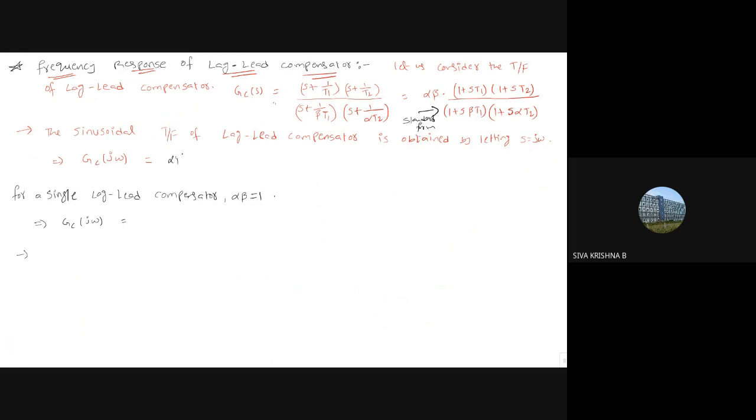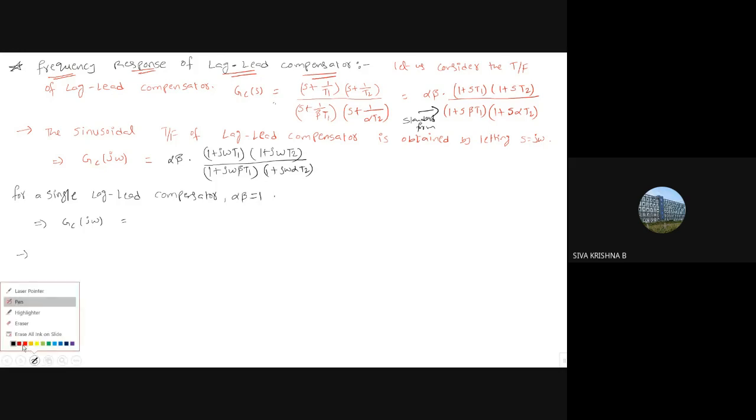That is alpha beta into 1 plus JWT1 and 1 plus JWT2, or by 1 plus JW beta T1, and the second term 1 plus JW alpha T2.